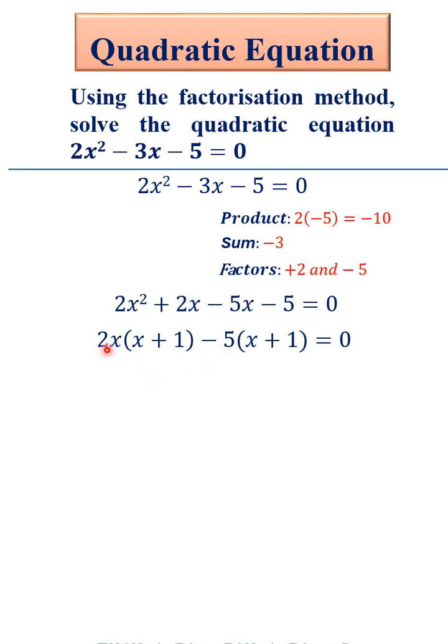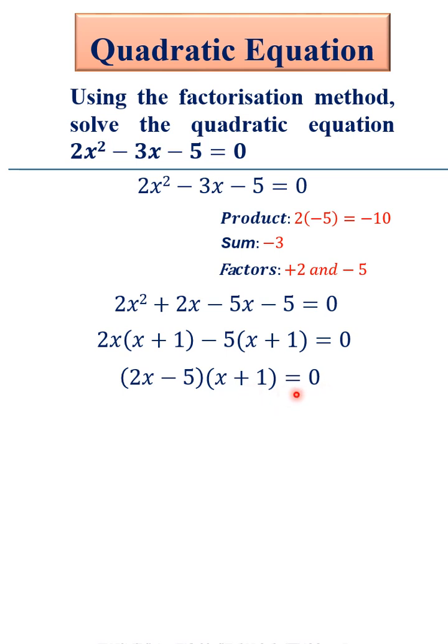So we pick 2x − 5 into a bracket, and we pick just one of these x + 1 in another bracket and equate them to 0. So this is what we have: 2x − 5 in one bracket multiplied by x + 1 in another bracket, everything equal to 0. So this is the product of two numbers that are equal to 0.